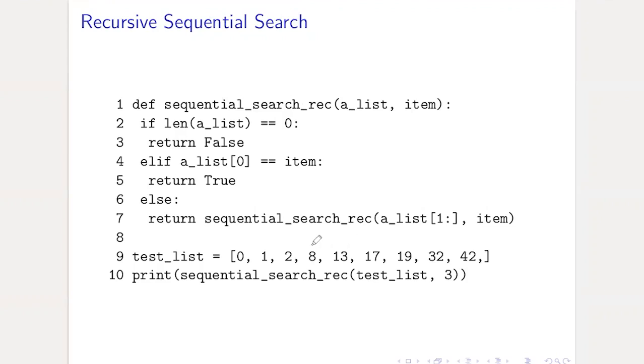So this is just for interest sake. We would not implement sequential search in a recursive manner, but it's quite interesting to see the model, the base cases and the recursive step that we have here.